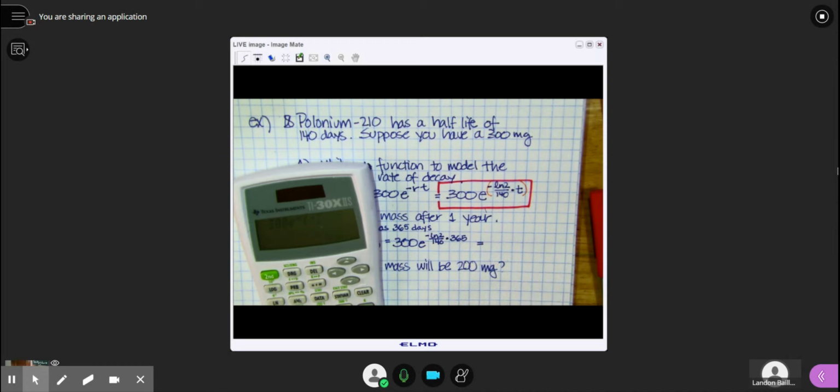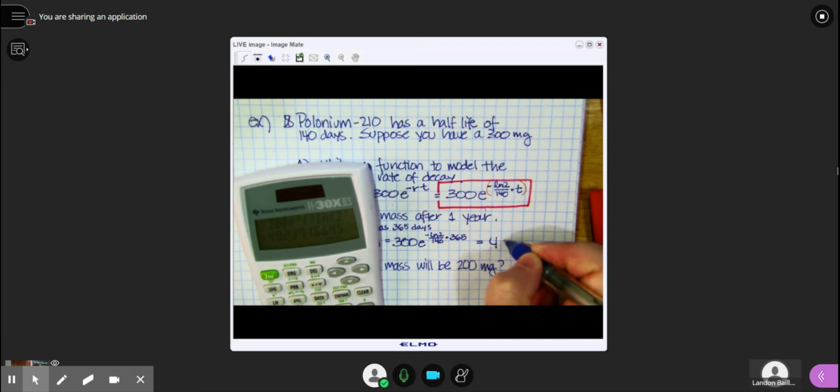But if it's not obvious, I just put it all in. Negative ln2, and it would be times 365 divided by 140. And I'm getting like 49.2 grams.